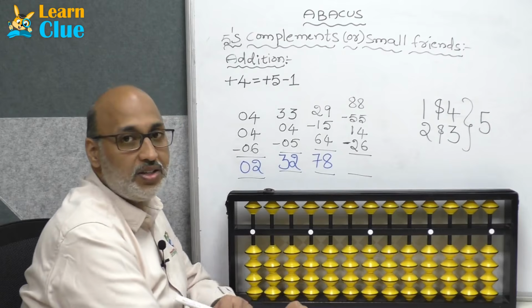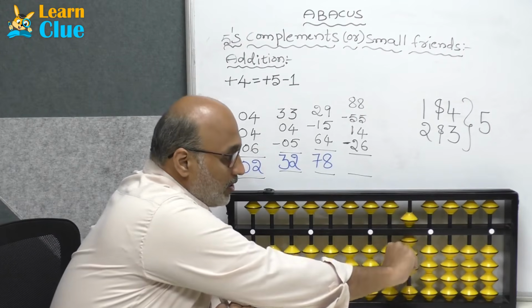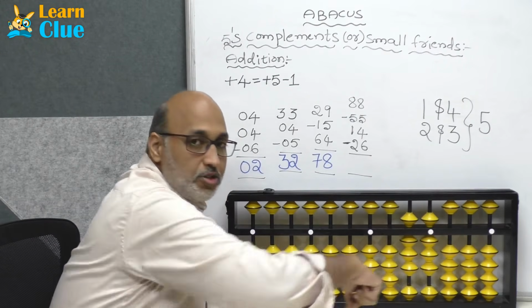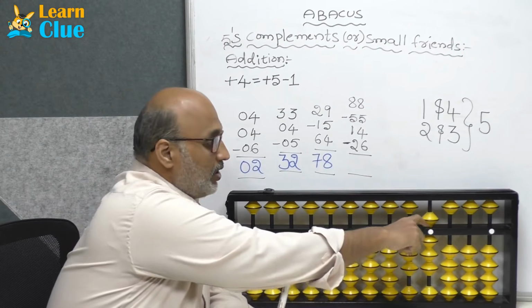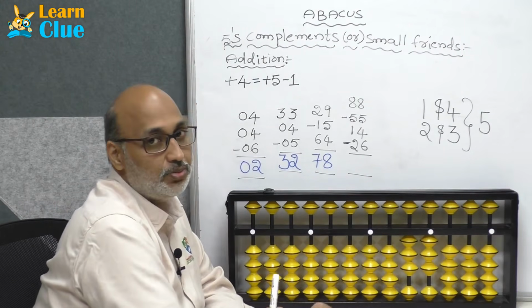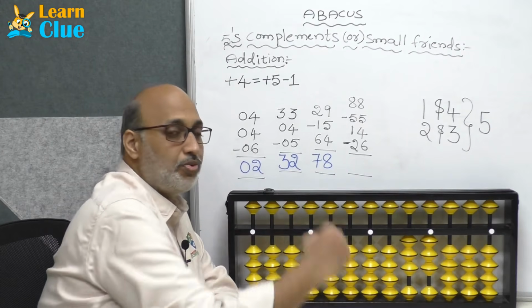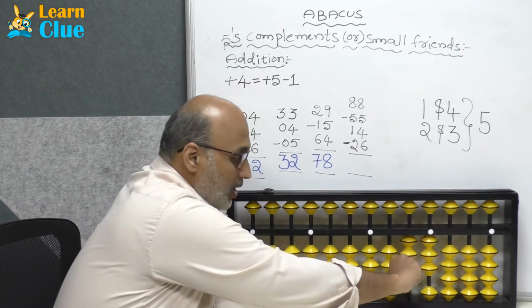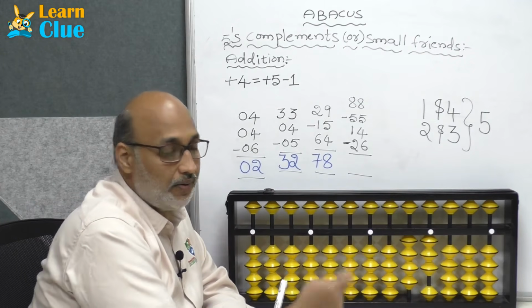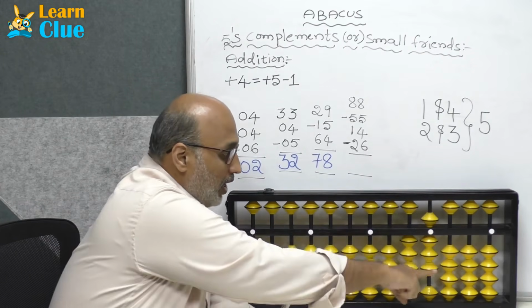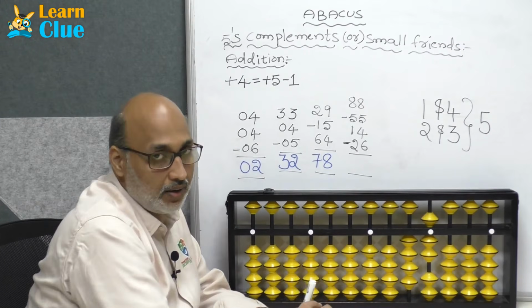Next problem. 88. 80 in 10's place, 8 in 1's place. Okay. Minus 55. Very easy to subtract, as beads are available. Plus 14, plus 10, plus 4. Who is the friend of 4 here? 1. So plus 5 minus 1.